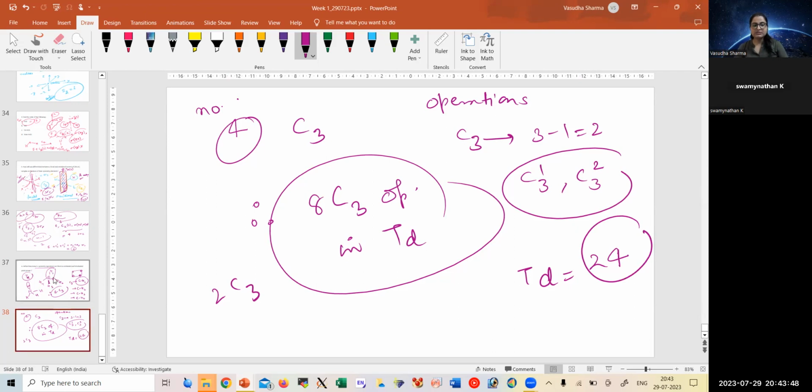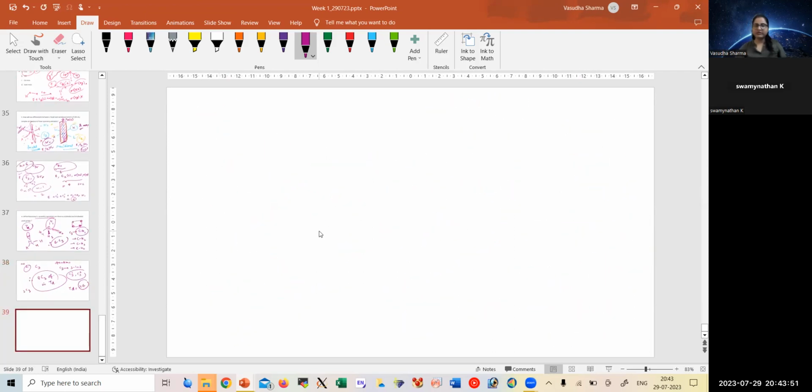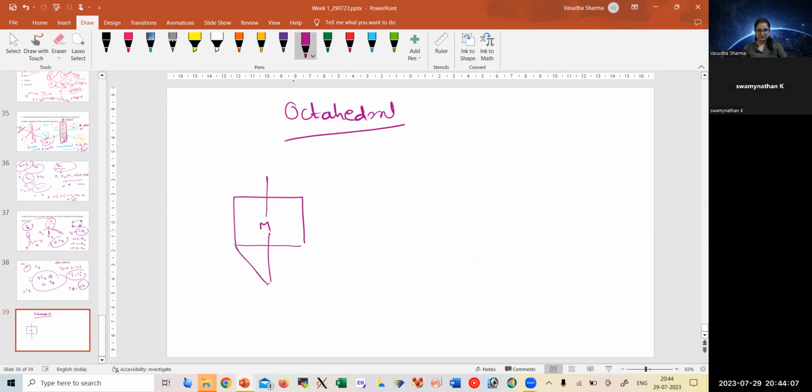Okay. Now the next one was to find out the case of the octahedral. We need to first see, in the octahedral, if I am having this kind of geometry, there would be ligands.